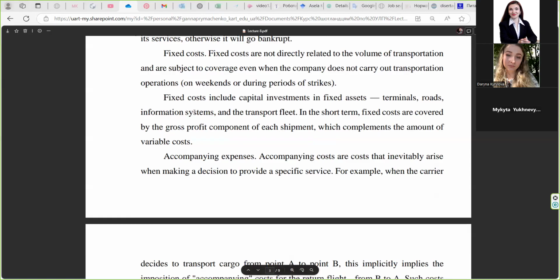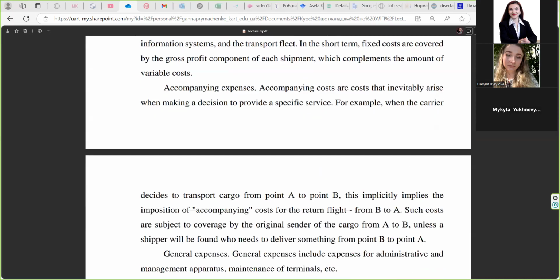Fixed costs include capital investment in fixed assets, terminals, roads, informational systems, and the transport fleet. In the short term, fixed costs are covered by the gross profit components of each shipment, which complements the amount of variable costs.